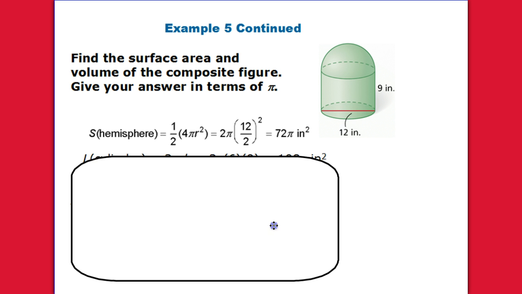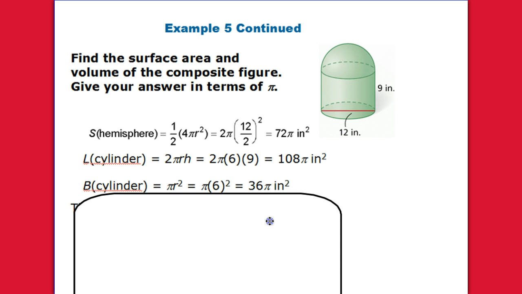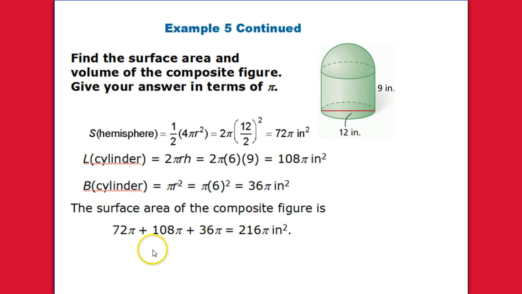The cylinder's surface area is now the lateral piece, the circumference times height, right? And the one base is just the one circle, pi r squared. We're not going to include the base that's interior here. It's not on the surface. So when we add all of these parts together, we have 216 pi inches squared.